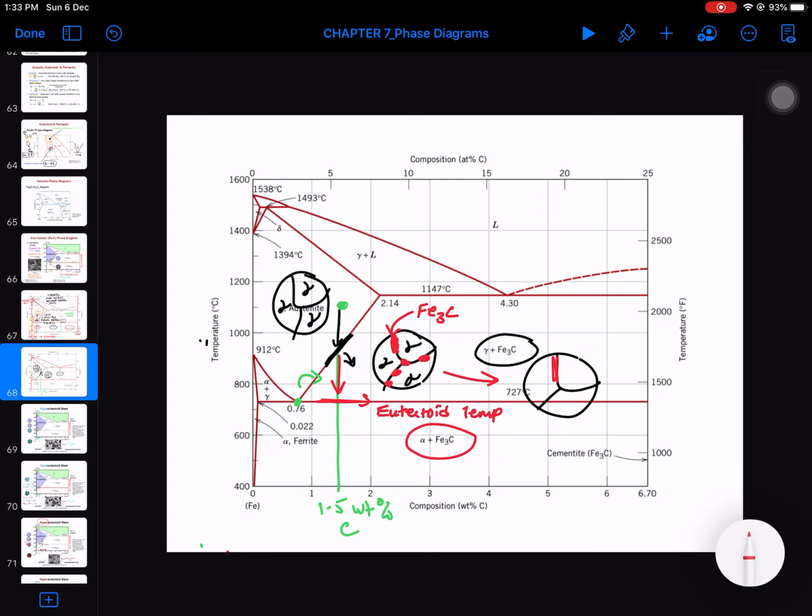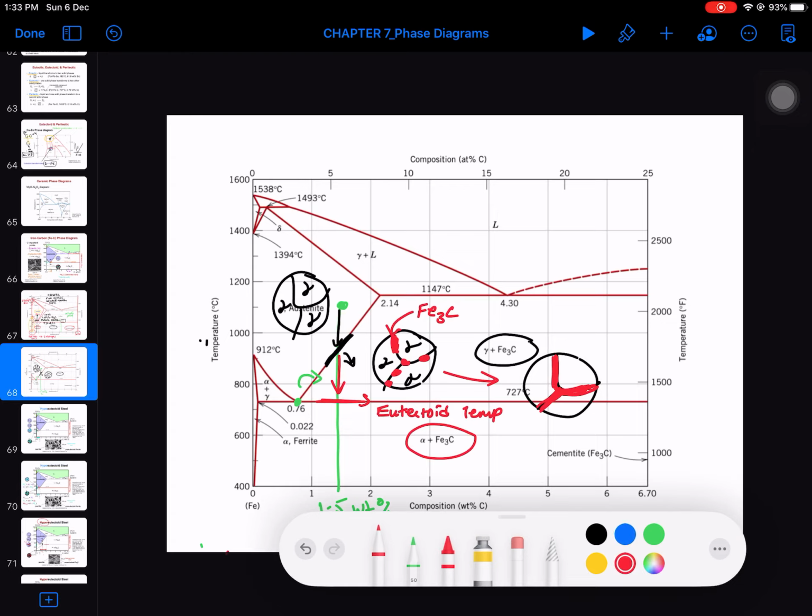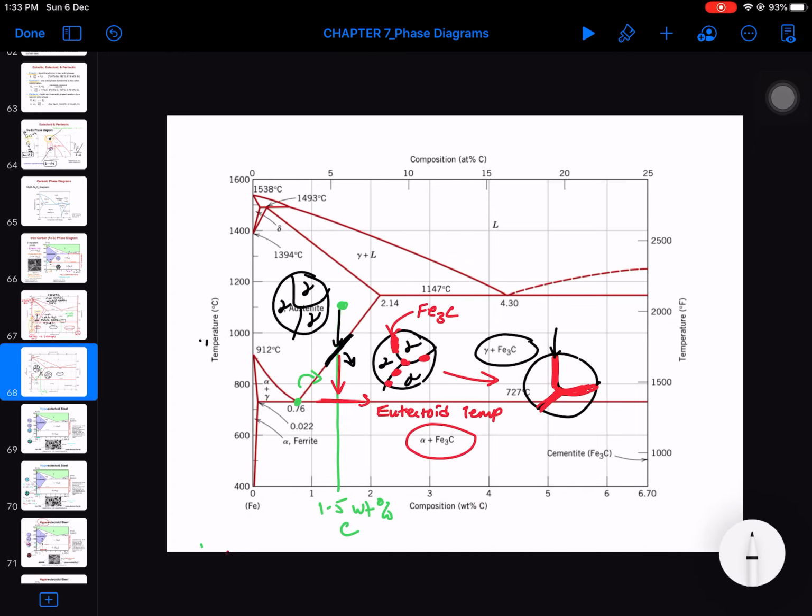So it looks something like this. It looks exactly the same, just that this time instead of alpha ferrite, it's cementite, and the remaining is still austenite.